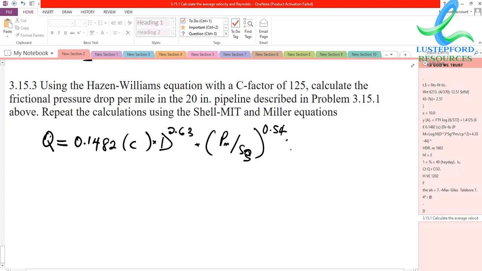So we are asked to calculate the frictional pressure drop per mile, which is this.